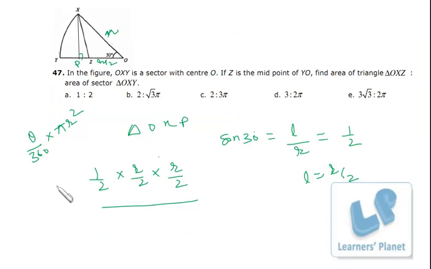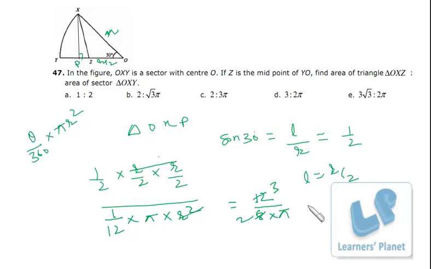So I divide it by 30 by 360, that is 1 by 12 into pi into r square. This r square and r square cancel. Then we have 12 by 2 for 4, 8 into pi. So it is 3 is to 2 pi.